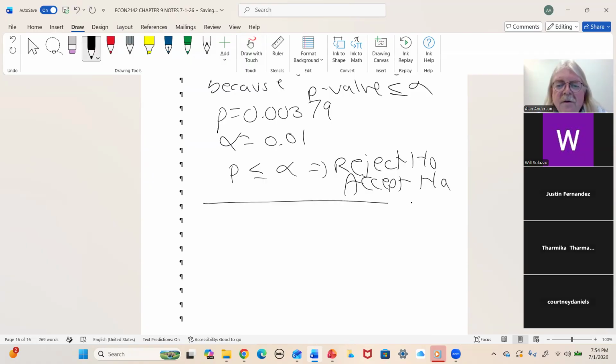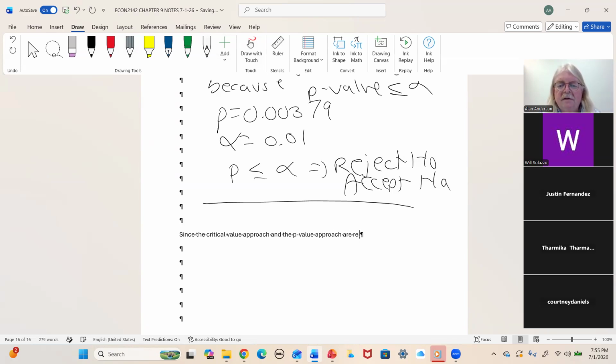It turns out that these two approaches, the critical value approach and the p-value approach, are related to each other, so they must both agree with each other.